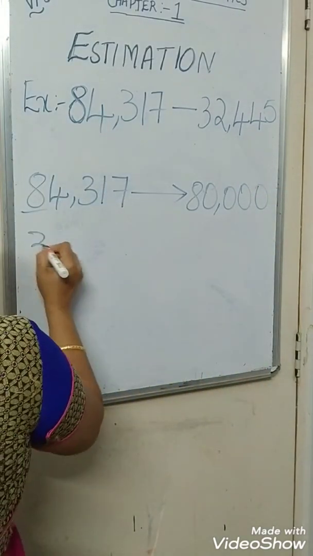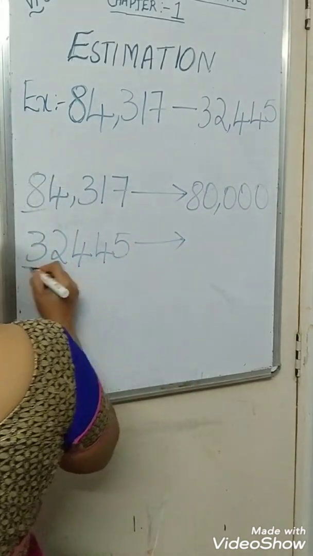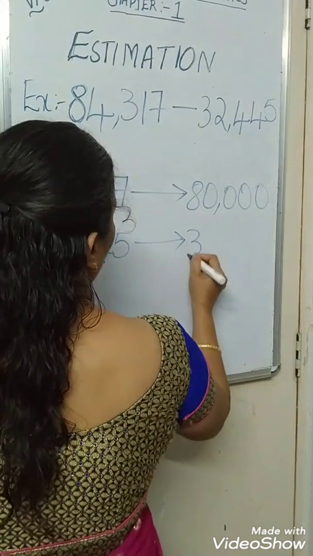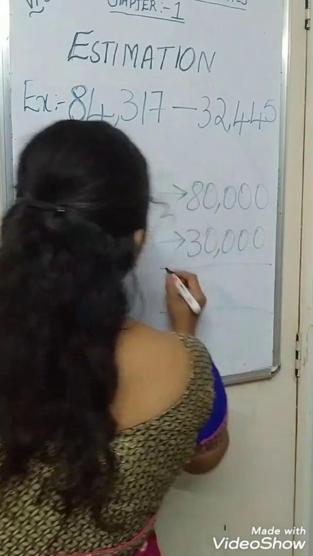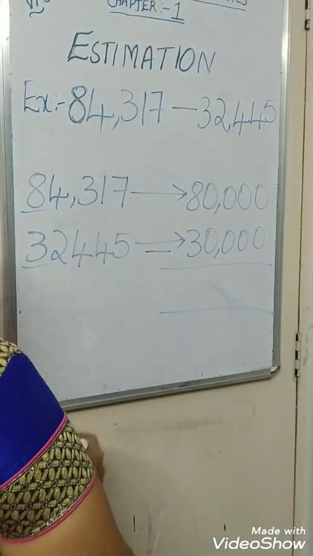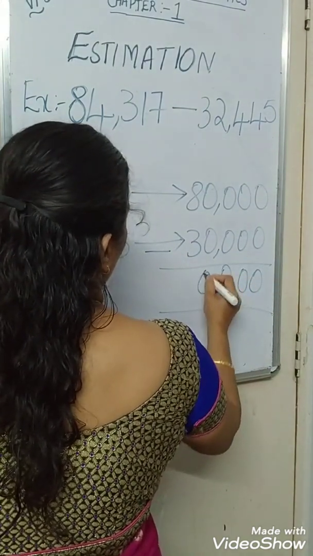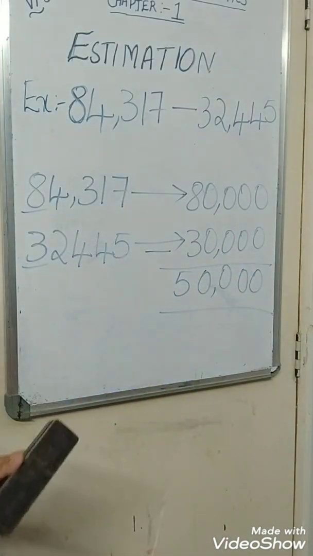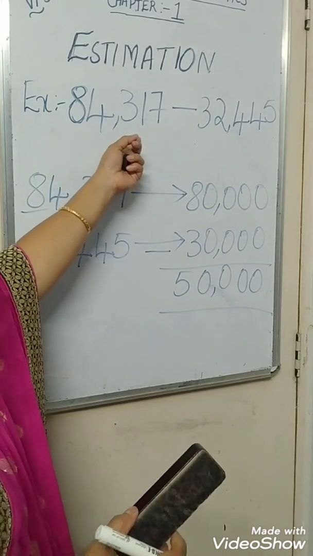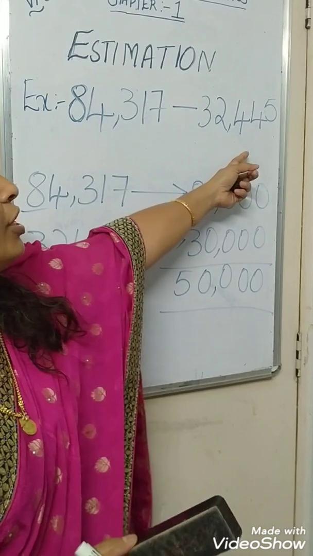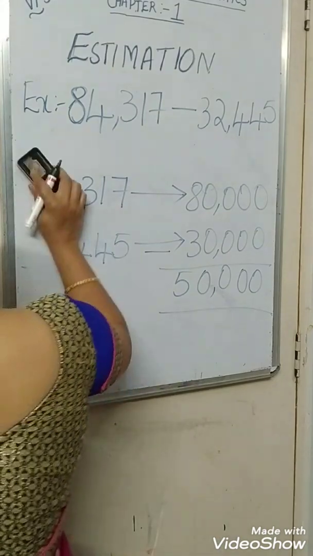And 32,445 is estimated to, can you tell? 30,000. So, let us subtract now. When we subtract 80,000 with 30,000, we get the answer as 50,000. So, the estimated difference of 84,317 and 32,445 is 50,000. Let us see another example of subtraction.